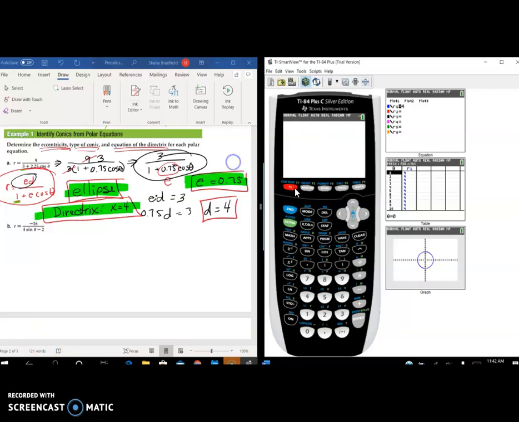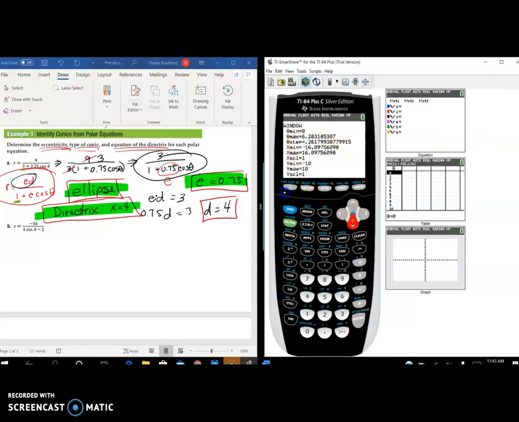So I'm going to go to my y equals, and I'm going to clear this out because I had a different graph on there from our other example. I'm going to check my mode again, make sure I'm in degree mode. I want to check my window. And looks like I'm pretty good there.